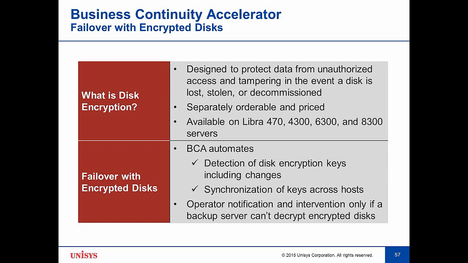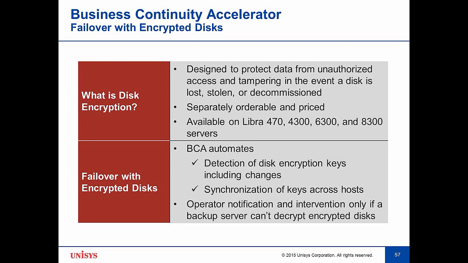Now, if you're going to be doing failover with encrypted disks, you need to be concerned that the backup system is able to decrypt the encrypted disk. So this means that the keys need to be synchronized between the primary system that's, let's say, encrypting the disk and the backup system that's going to be decrypting them.